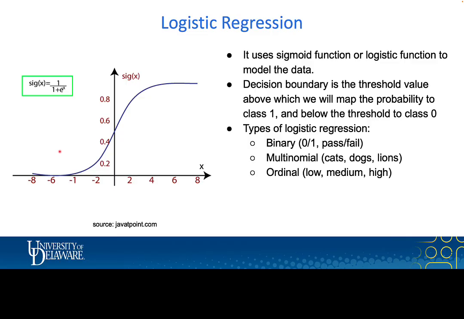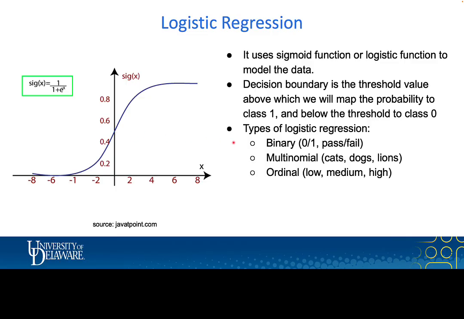So the target variable is discrete in nature. Normally it follows this S-shaped curve, and it uses the concept of threshold levels. Values above the threshold level, also known as the decision boundary, are rounded up to 1, and those below are rounded down to 0. Usually the boundary is set to 0.5.